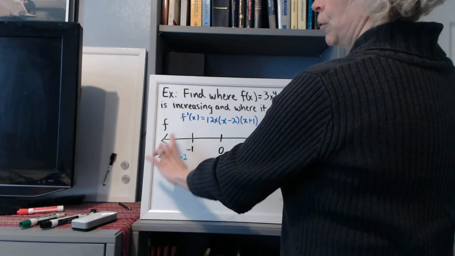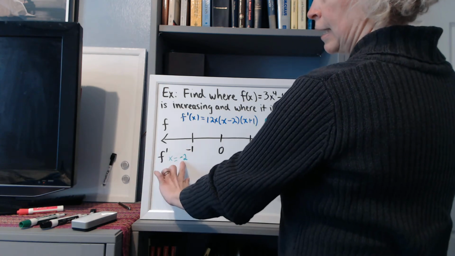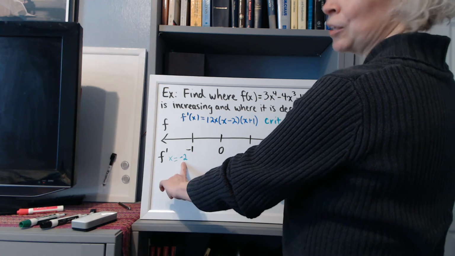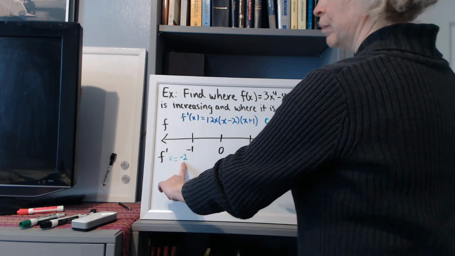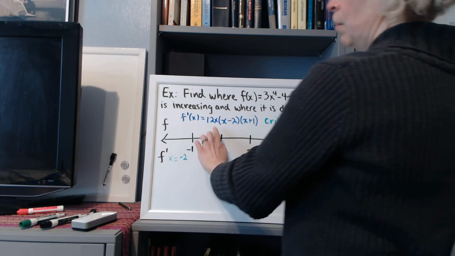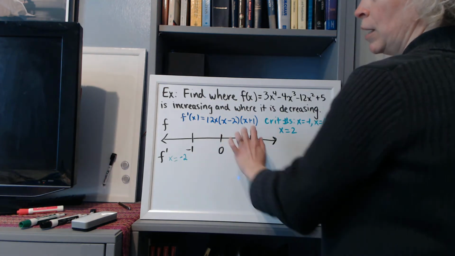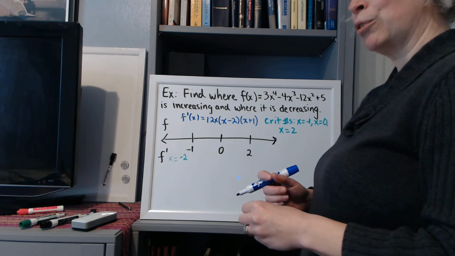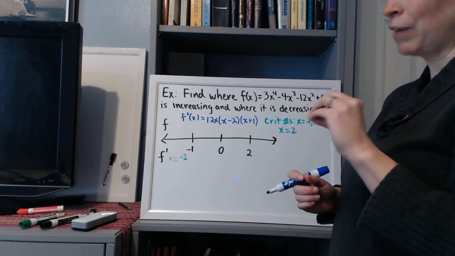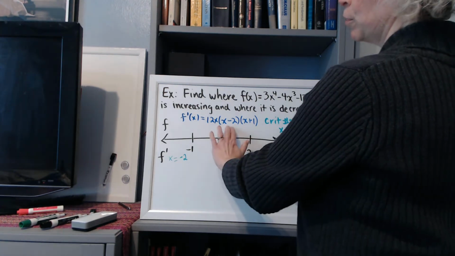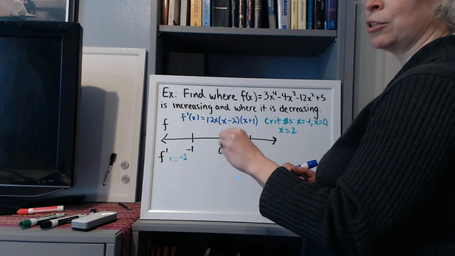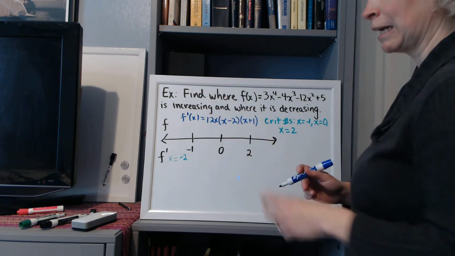So in this interval over here, less than negative 1, I'm picking x equals negative 2, just because it's a convenient value, but you could pick anything you want less than negative 1. And we're going to plug that into the derivative. But I'm going to use this factored form because what we really care about is whether the derivative is positive or negative. We don't care about the actual value we get. And when we've got a product like this, it's really convenient because we are looking just at multiplying the signs together.